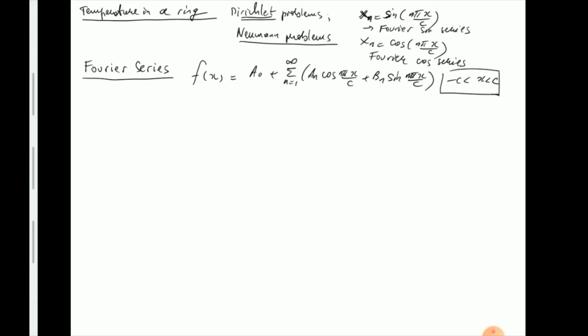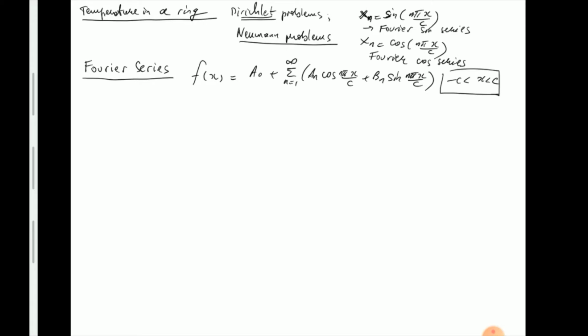So here's the example that we'll deal with. It's the so-called temperature in a ring. So we have the heat equation in which the shape of the wire is a ring. It's not that difficult to show, and I won't go over it, that the heat equation looks the same mathematically.